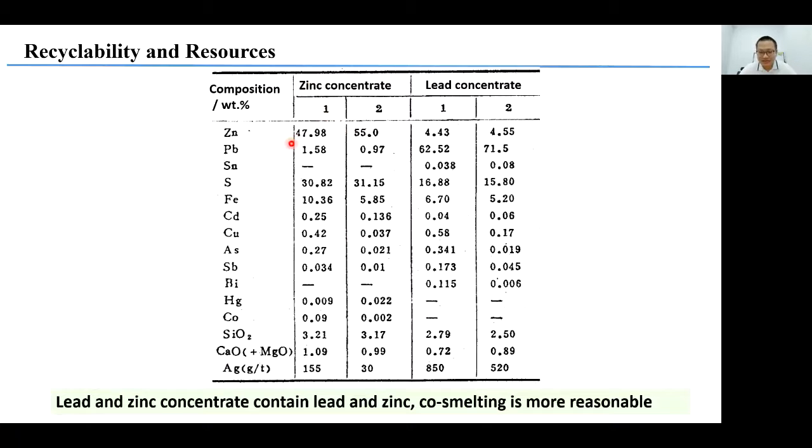The zinc content in the concentrate ranged from 48 to 55%. So it's really rich. And if we look at the content of sulfur, this is another 30%. So the total of zinc and sulfur exceeds 80%.